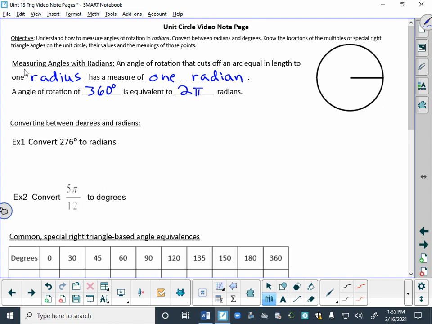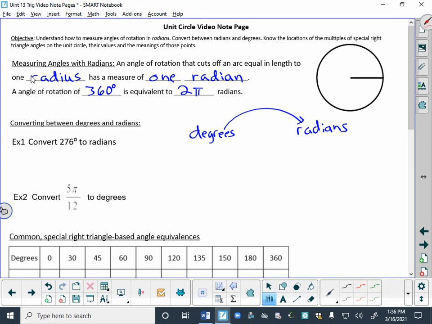Okay? This gives us a conversion tool. I'm going to represent it as an arrow diagram. So if we have an angle in degrees and we want to change it into radians, then our conversion is this idea of the 360 and the 2 pi being together. That fraction reduces to pi over 180.